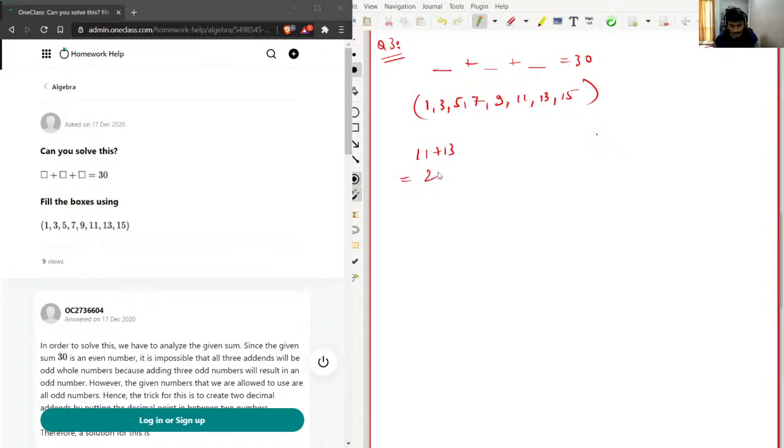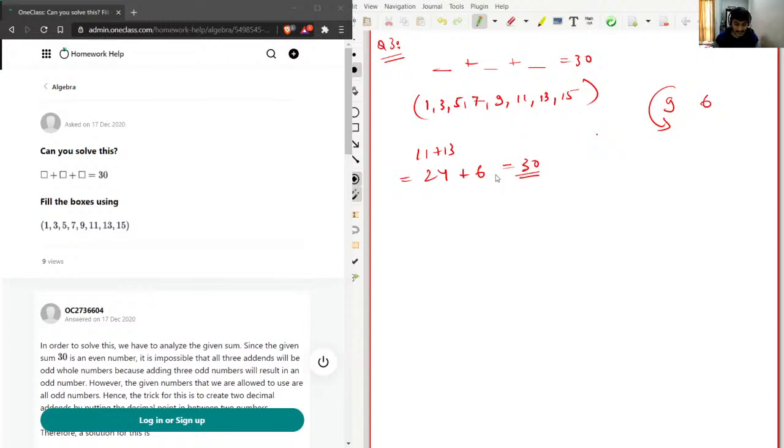This will give us 24, and for the third number, we'll just invert this 9. If we rotate this 9 by 180 degrees, it will become 6, and that is an even number. So add 6 and we'll get 30. I heard this kind of solution, and I was pretty amazed that we are just flipping the question to get the answer.